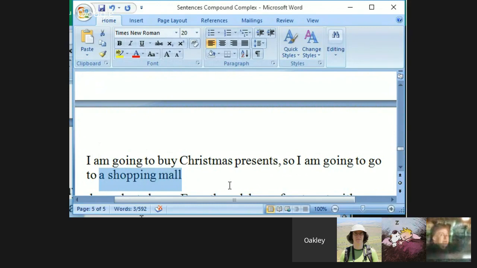If the speaker is actually thinking, I'm going to go to the mall, which is really close to my house, it's completely okay to say the mall, the shopping mall. In regards to grammar, it could be either one, and it's completely up to what is in the speaker's or writer's head as he's saying it. So either would actually be okay.